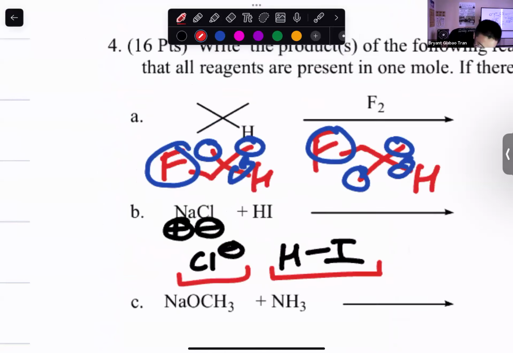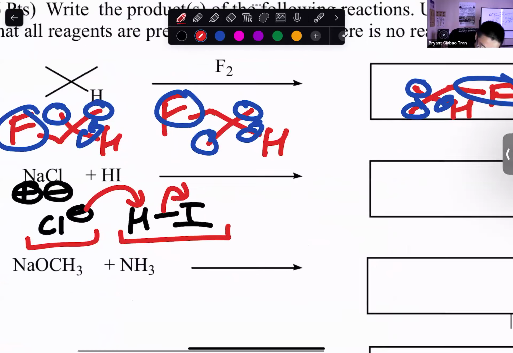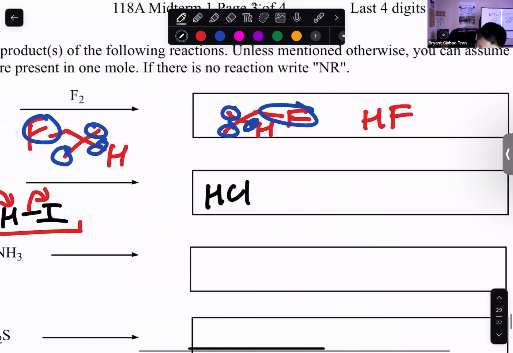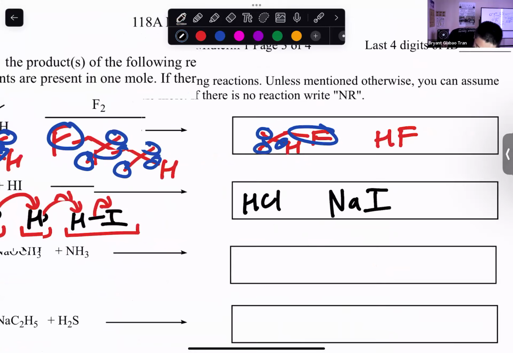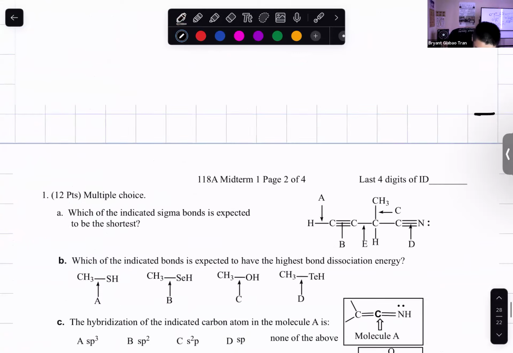So in the acid-base reaction, this Cl here is going to deprotonate the acid and give us HCl and then an I minus, or we could say NaI, like that. And that's an acid-base reaction.